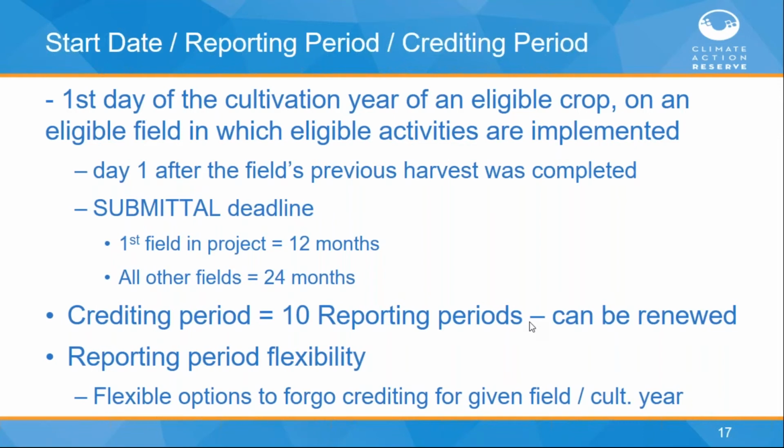And so we have this 10 reporting period maximum limit for a crediting period, but depending on the situation a given field in a project might face, there are options for a field to forego earning CRTs, earning credits, in a given year of the reporting period. But the reporting period overall of the project, assuming there's at least one field in there that is eligible, will continue to march on. So the maximum limit per crediting period is 10 reporting periods.